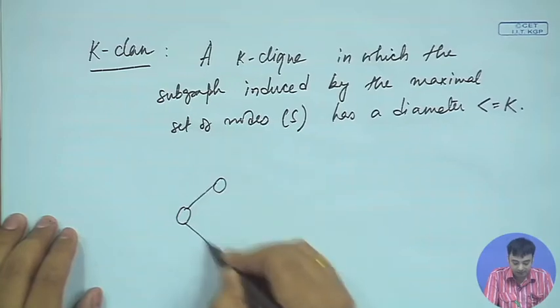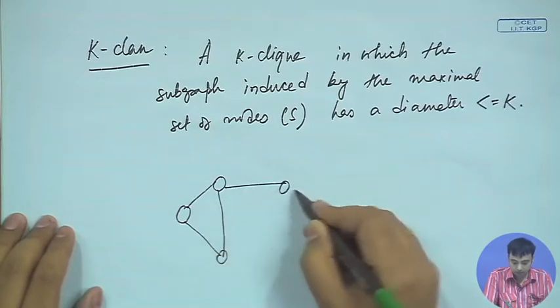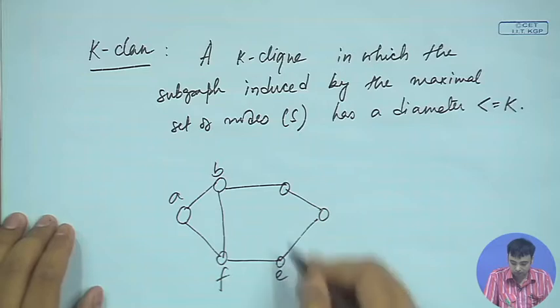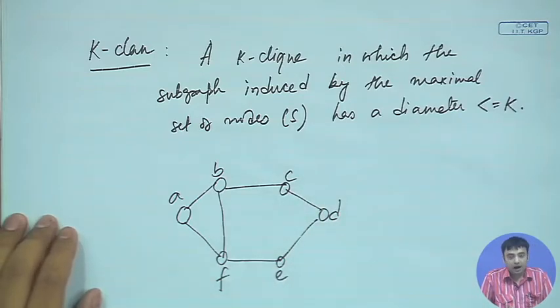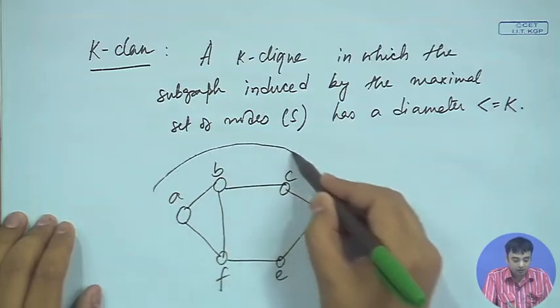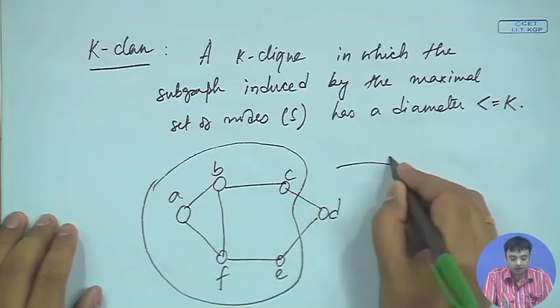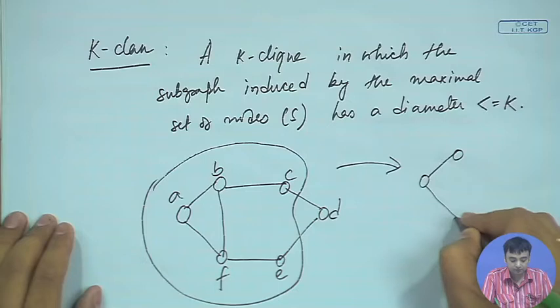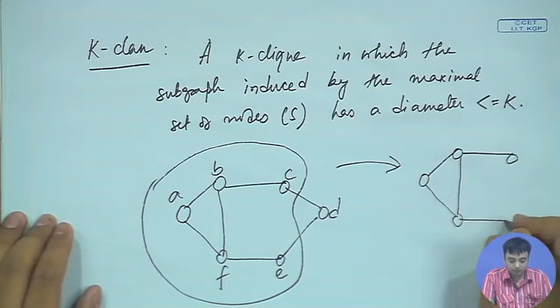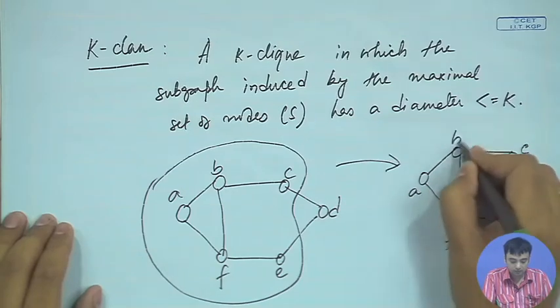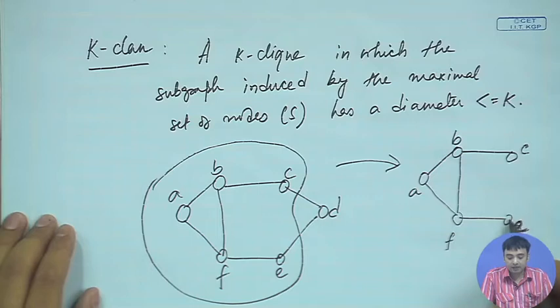So, now if you take the previous example once again, you see that no longer this particular group of nodes, if you induce a subgraph with this particular set of nodes, let us induce the subgraph. Given this subgraph, what is the diameter?